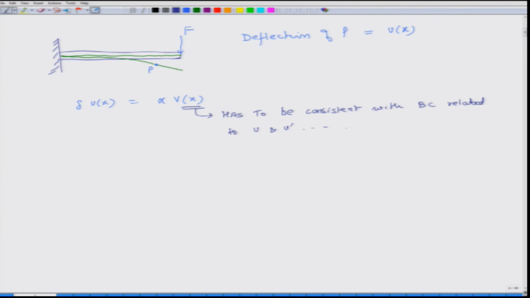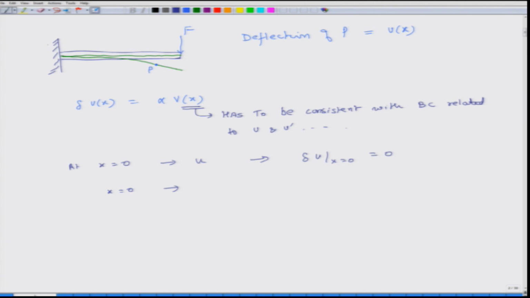What are those restrictions? We know that at x is equal to 0, what is the value of u? 0. So, what will be the variation of u at x is equal to 0? 0. Also at x is equal to 0, what is the slope?